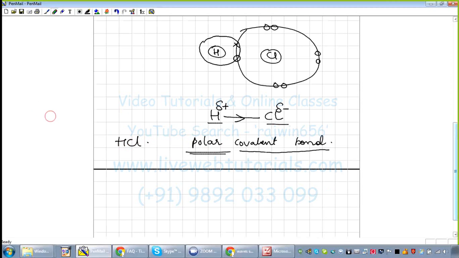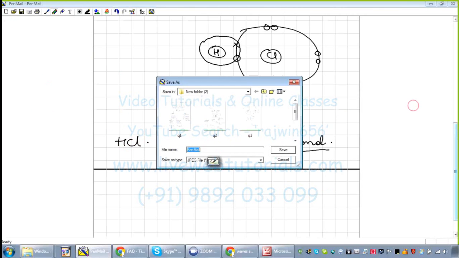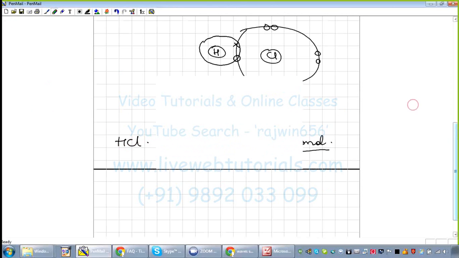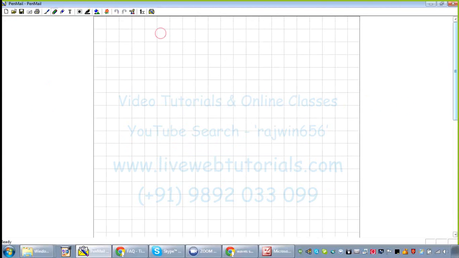I can also show the electron dot structure for this. Hydrogen has one electron. These are the 7 electrons in the chlorine atom.